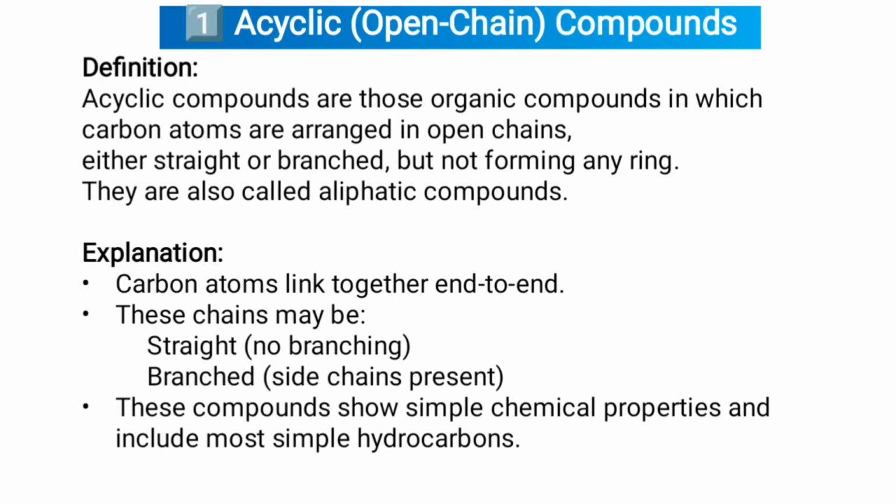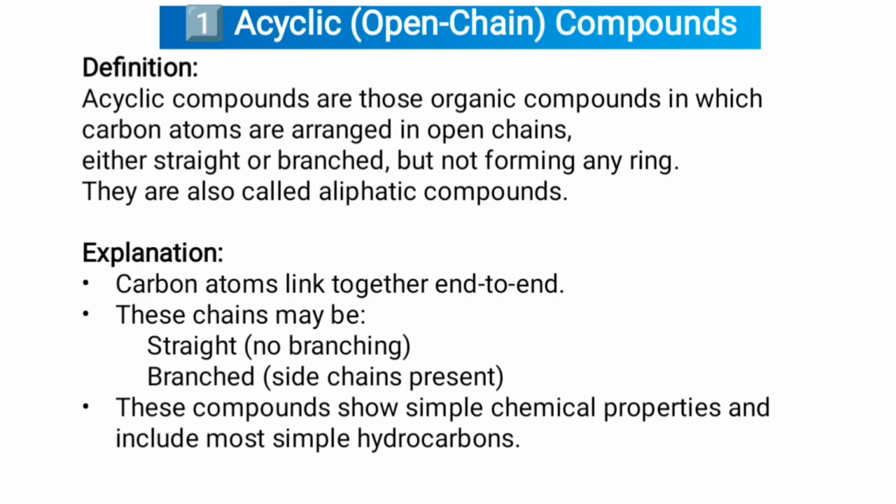The first one, acyclic or open chain compounds. Definition: acyclic compounds are those organic compounds in which carbon atoms are arranged in open chains, either straight or branched, but not forming any ring. They are also called aliphatic compounds.